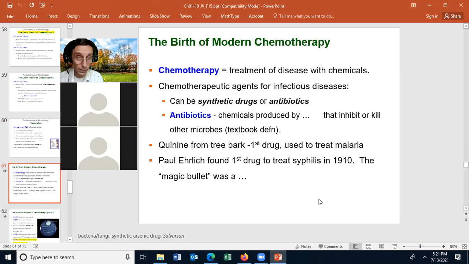And in your textbook, that is called an antibiotic. The term antibiotic in the textbook means specifically a drug that is made by a living organism that inhibits the growth of other microbes.